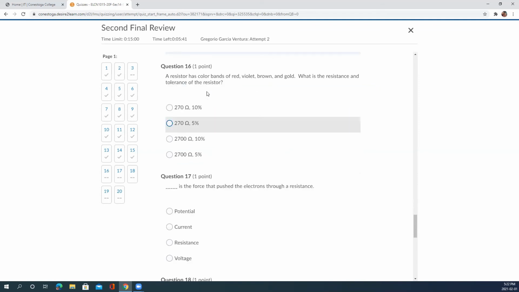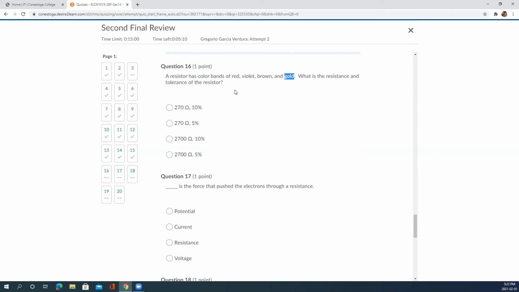Let's finish with the last 5 questions that we have in this quiz. A resistor has colors: red, which is 2, violet, which is 7, and brown, which is the multiplier, which means that we add 1 zero after the first 2 significant figures. And then gold is my tolerance.